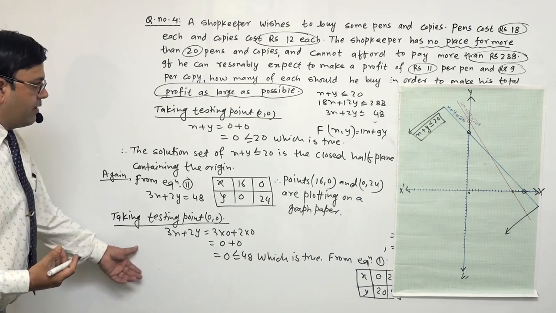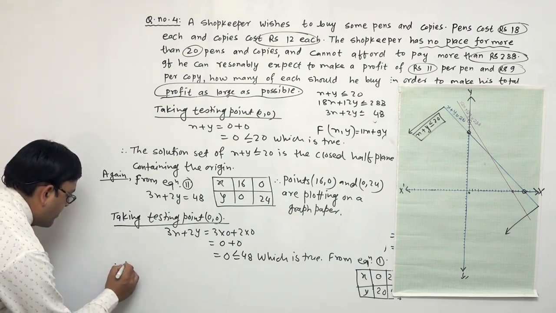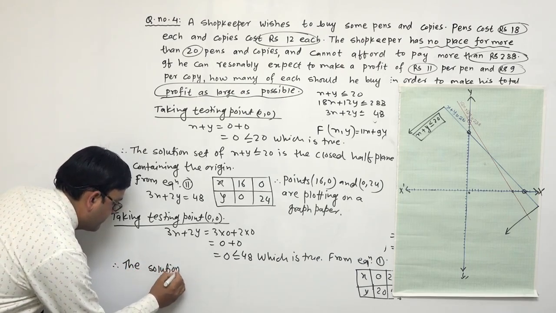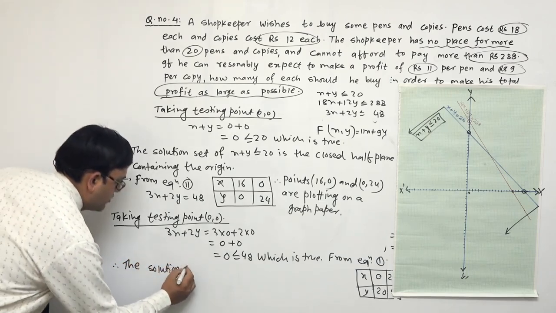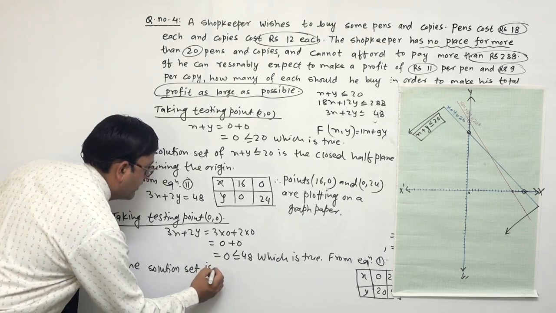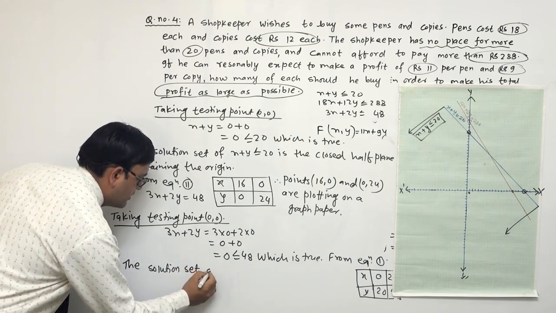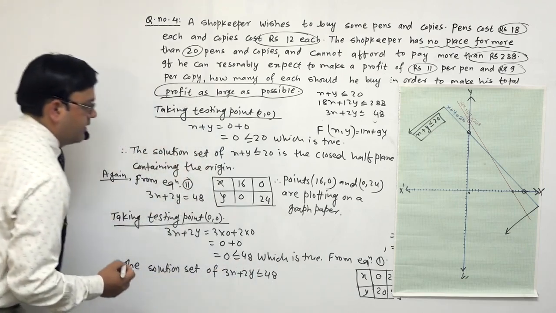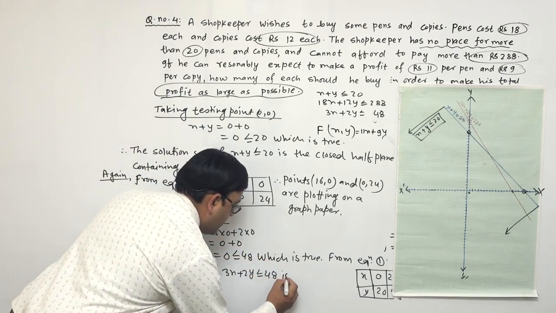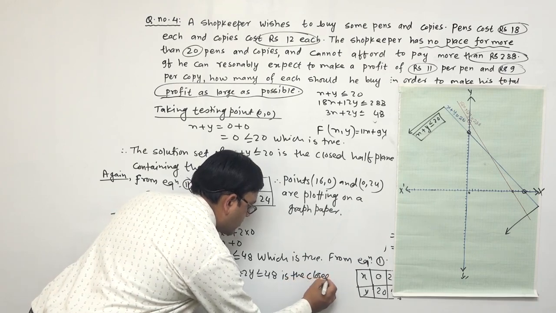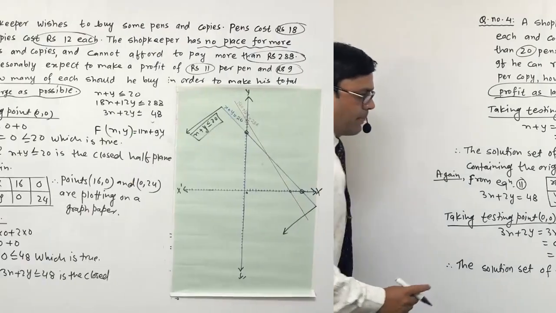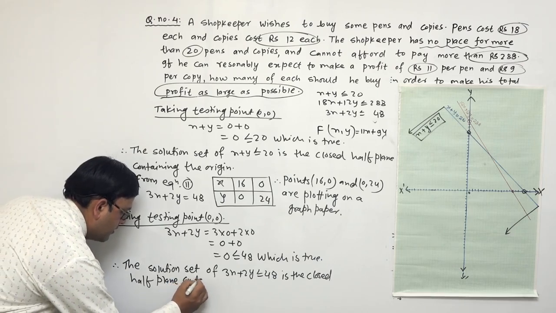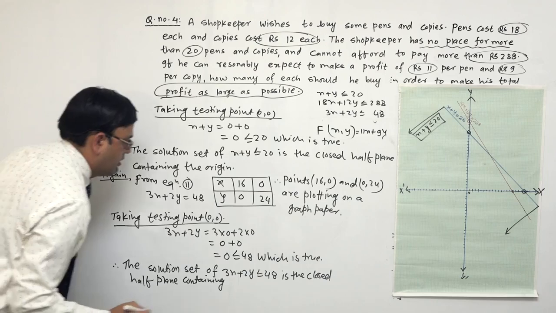Therefore the solution set of 3x plus 2y less or equal to 48 is the closed half plane containing the origin.